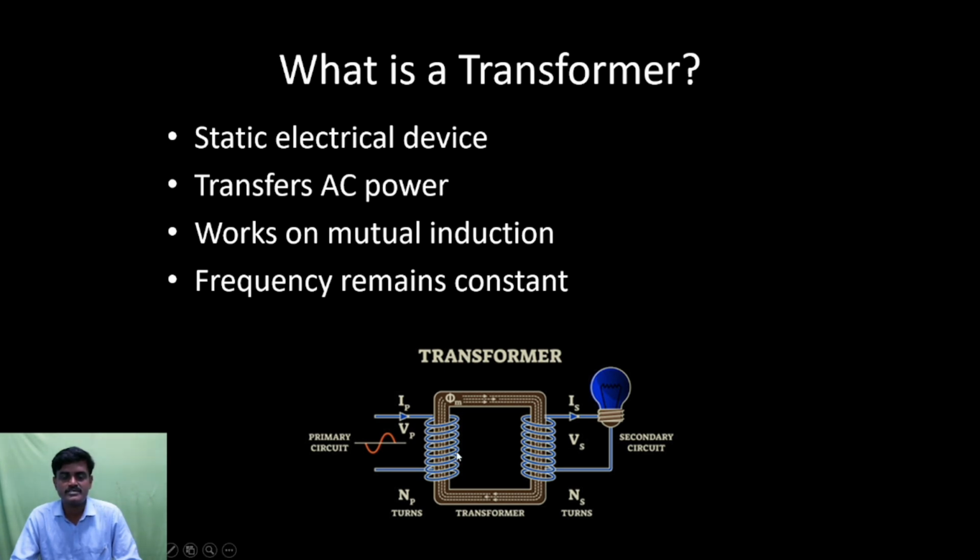That flux links through the transformer core material to the secondary coil. By Faraday's law, when the flux cuts the conductor, it creates a voltage value. Thereby we can get the voltage at the secondary for use.